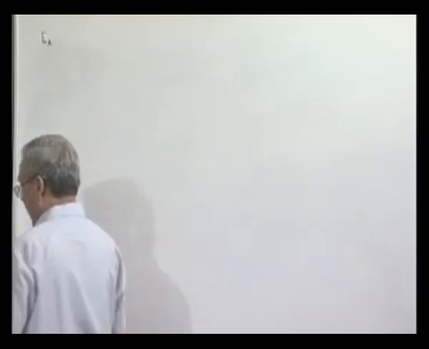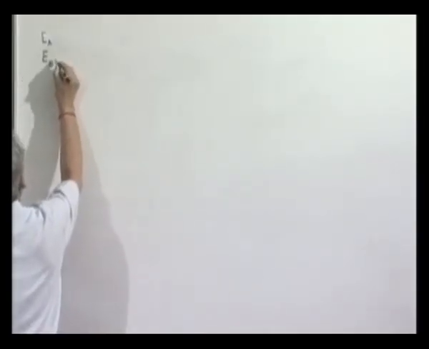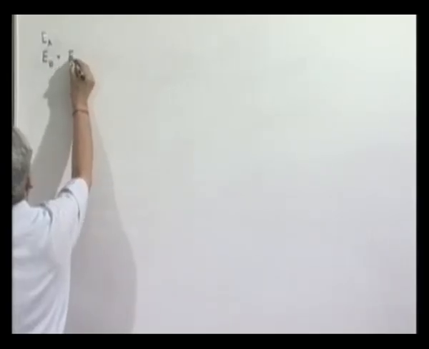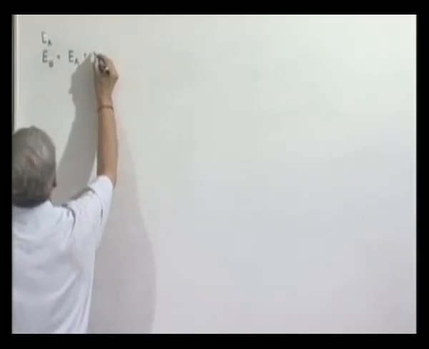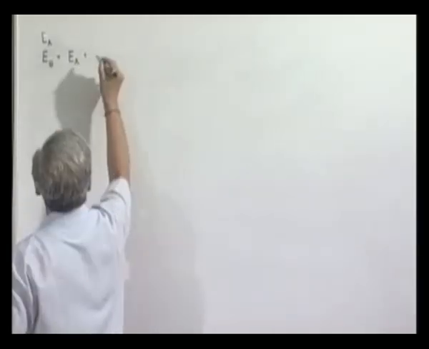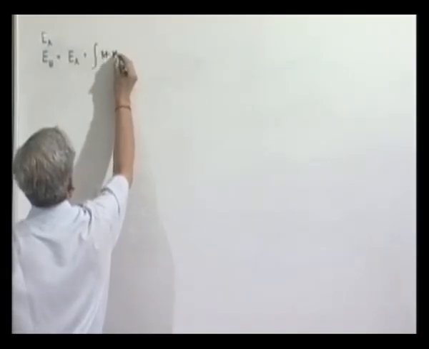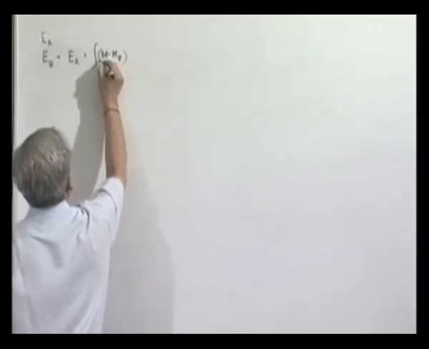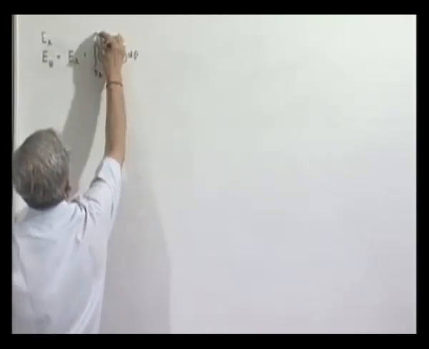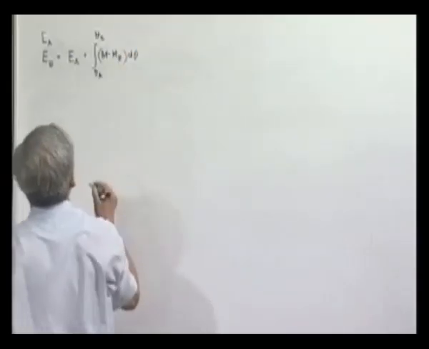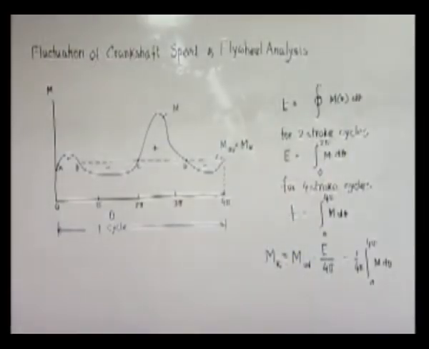So at point B, the energy will be whatever energy we had at point A plus the energy added, the integral of (M minus M_r) d theta, which is the amount of energy added in that first lobe, indicated as plus.